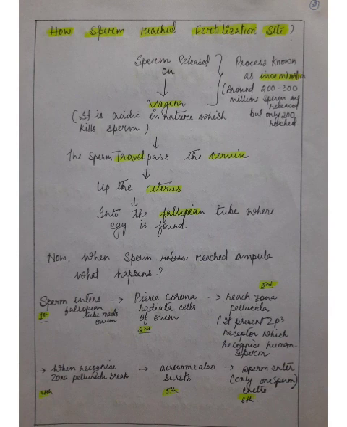Then what happens once it reaches? The sperm enters the fallopian tube and it meets the ovum. Then it pierces the corona radiata cells of the ovum, the layer. Then after piercing the corona radiata, it reaches the zona pellucida, which is the second layer.